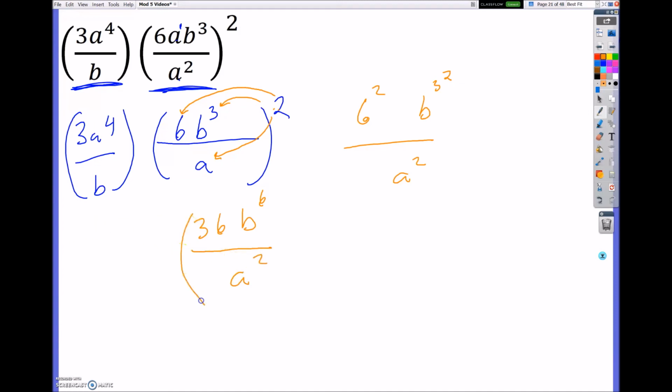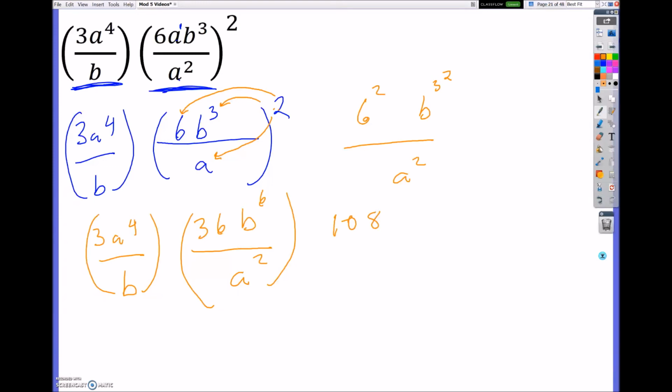And now I'm going to multiply that by the 3a to the fourth all over b. This would give me 36 times 3 is 108. So 3 times 36 is 108.